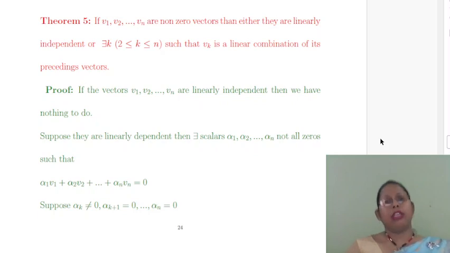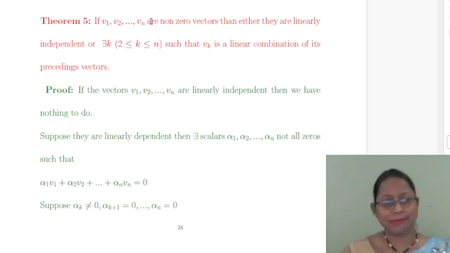Next theorem: if b1, b2 up to bn are non-zero vectors, then either they are linearly independent or there exists k lying between 2 and n such that bk is a linear combination of its preceding vectors. If the set of vectors b1, b2 up to bn is linearly independent, then we have nothing to prove. But if they are linearly dependent, then we have to show that this is a linear combination of preceding vectors.